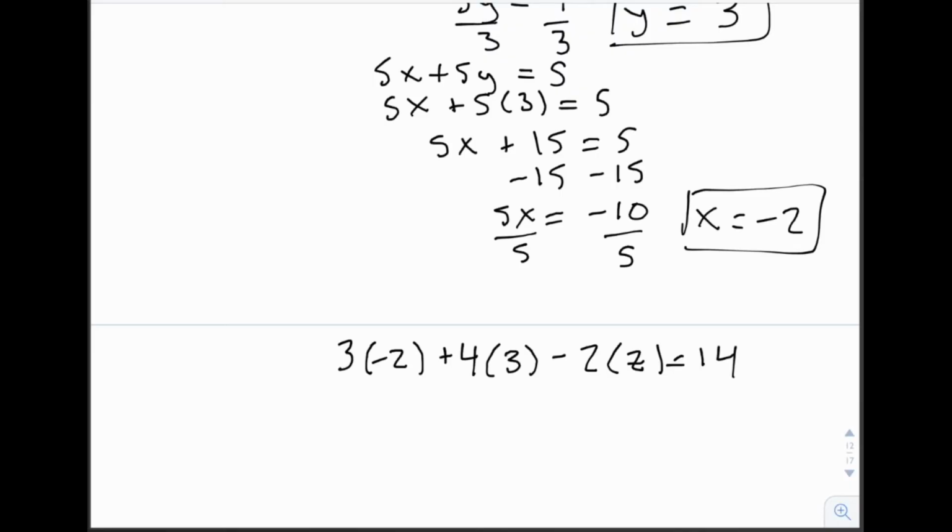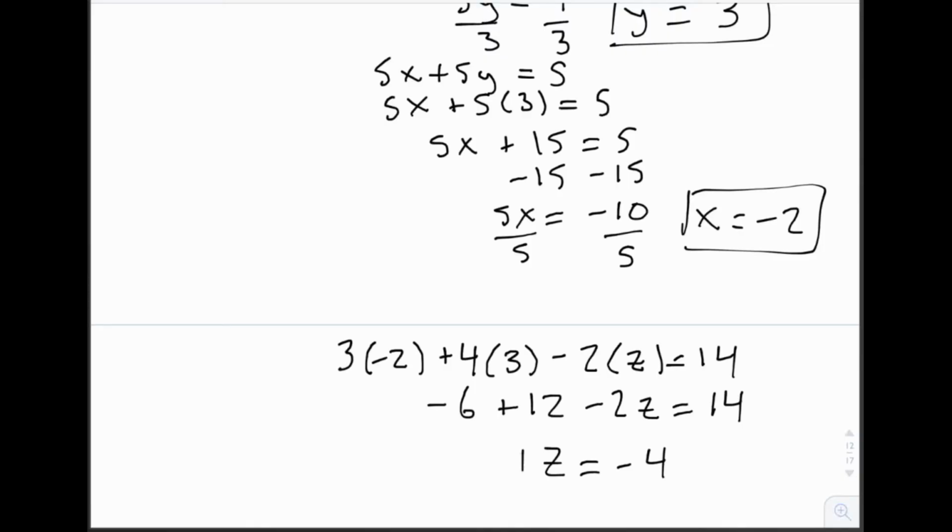So doing some simplification, we are left with -6 plus 12 minus 2z, and that's equal to +14. And cleaning this up a little bit more, we are left with z should be equal to a value of -4.